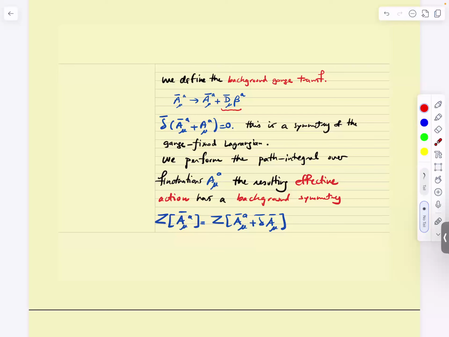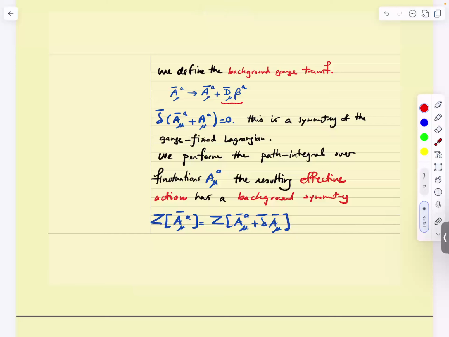But because of gauge invariance, it had better be that the partition function with the background gauge fields has this symmetry, right? So now for the partition function or effective action, the background gauge transformations act as a background symmetry. Is that part clear? Are there any questions?